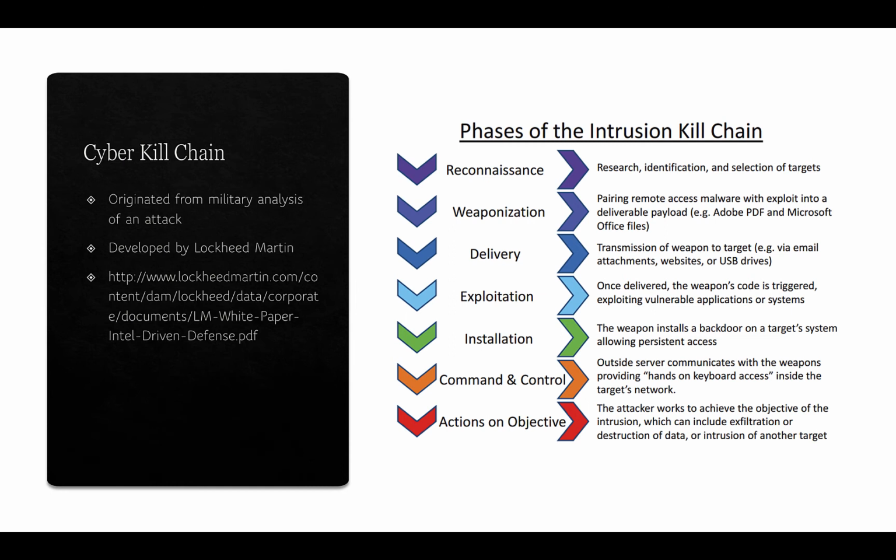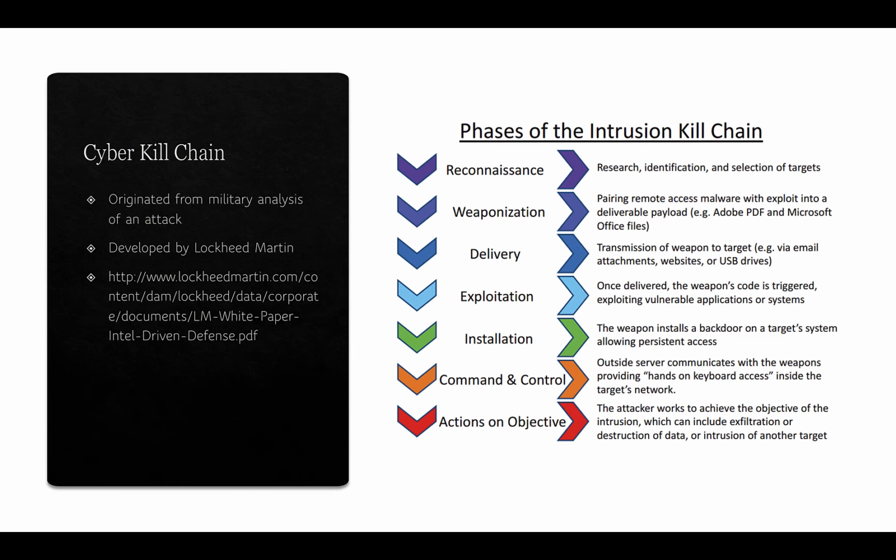Weaponization is preparing the attacks, the threat actions that you're going to take, and that may be developing malware, and preparing the way that you're going to deliver the payload, whether it's going to be delivered as an email, a PDF, or Microsoft Office files, for example. And then we proceed to the actual delivery, the transmission of the weapon to the target via email attachments, websites, USB drives, etc. We then move on to exploitation.